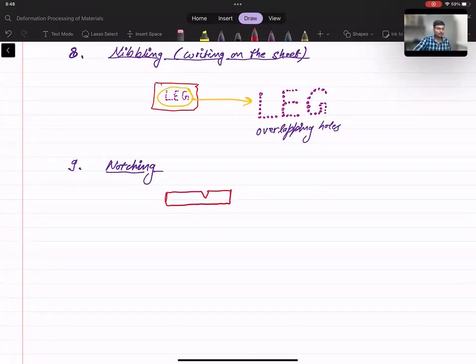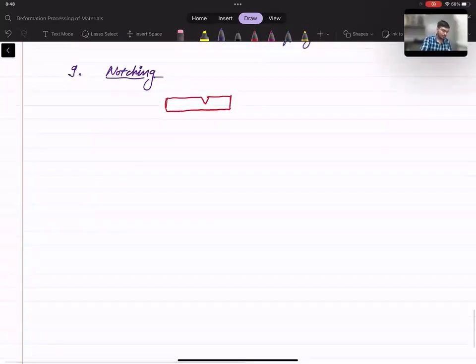Next one is embossing. In embossing, there is some impression on the punch, and when it is pressed against the sheet or the component, the engravement or impression gets transferred onto the sheet.